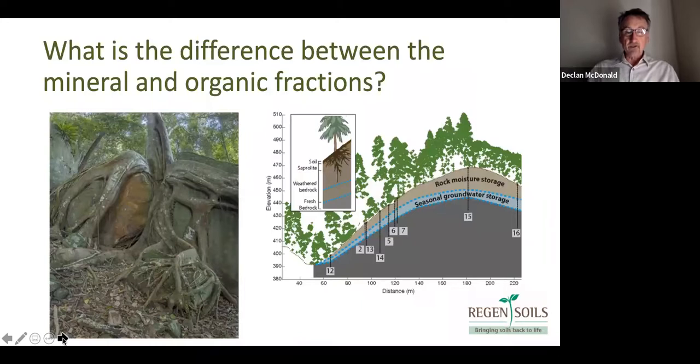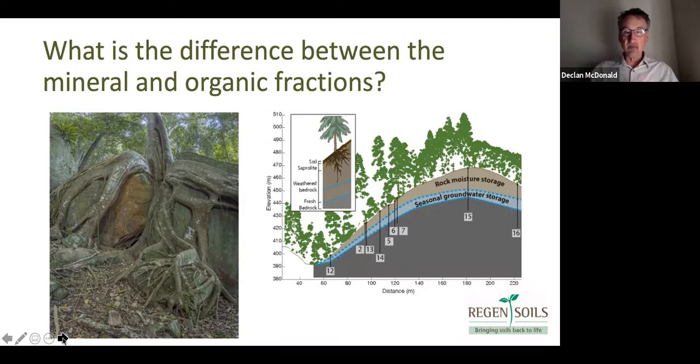I mentioned the mineral component of the soil and the organic fraction. This is just an illustration here, and I like this picture, this fantastic fig tree growing over a rock. The rock is the mineral fraction, and the fig tree and its roots, at a very fine level, are working to dissolve that rock.